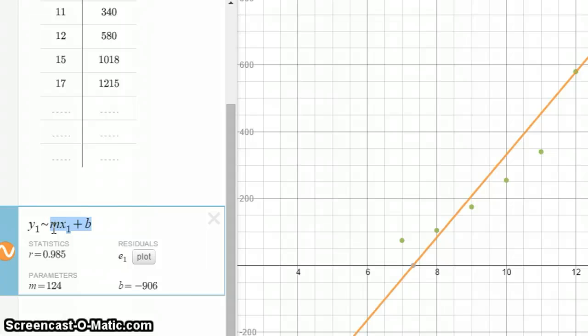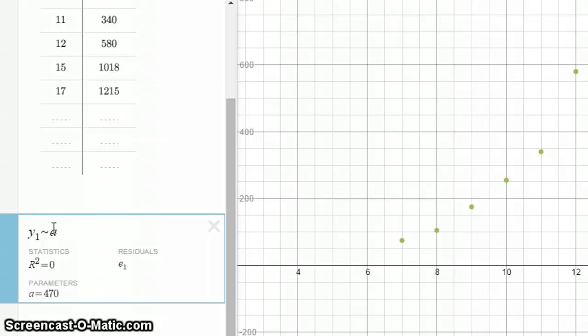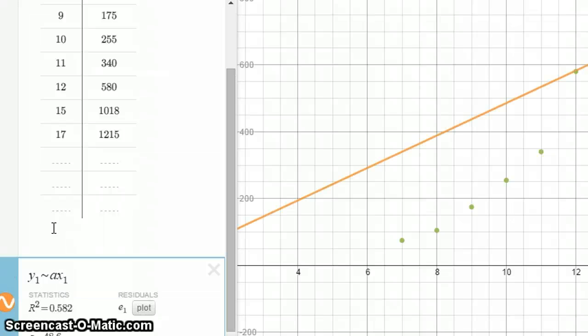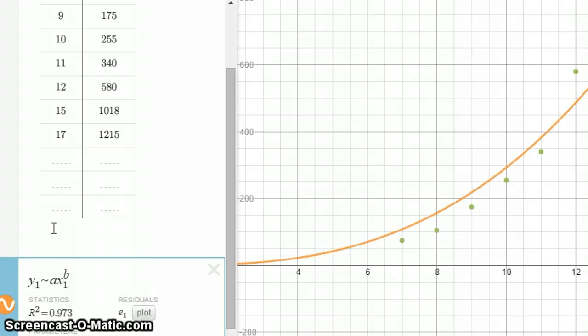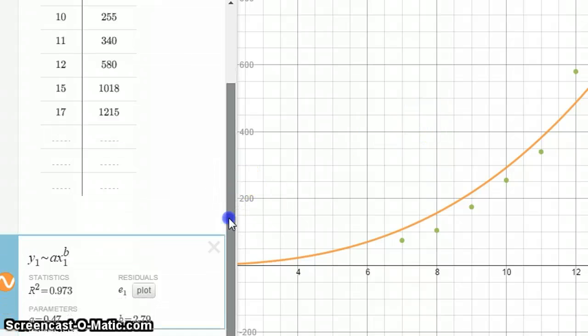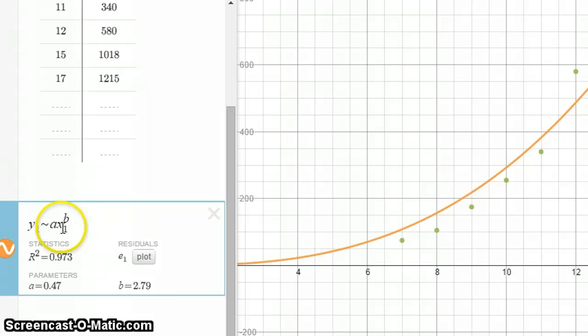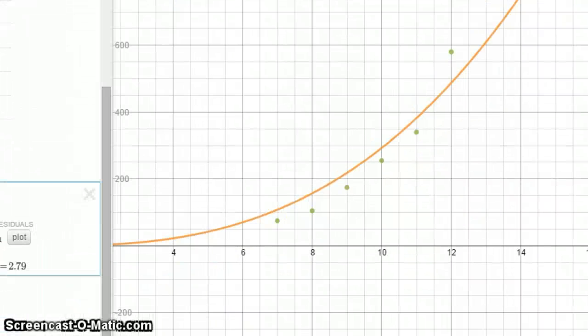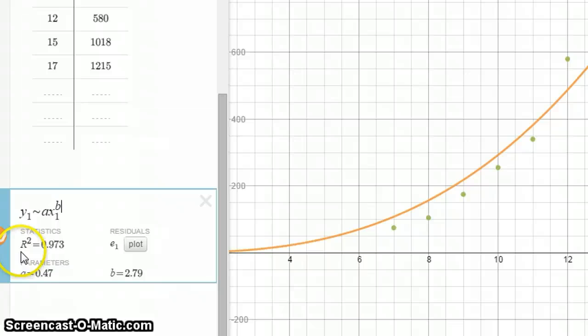Suppose you want to do a power regression. There we go. A x to the b power, and it gives you a value of a and a value of b, the exponent, and there's that curve. And each one of these has an r squared value, so you can compare what's a better fit.